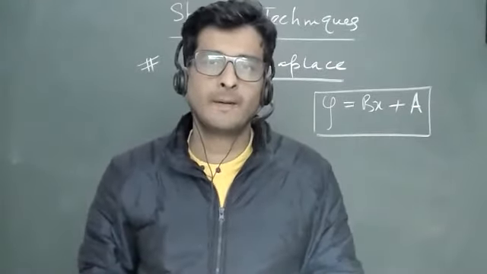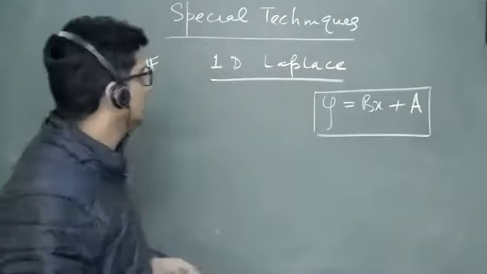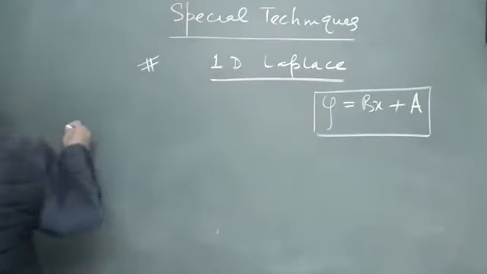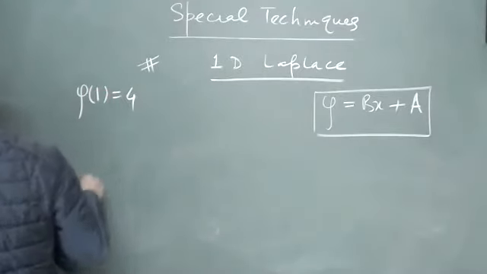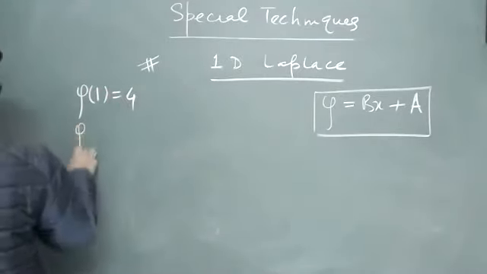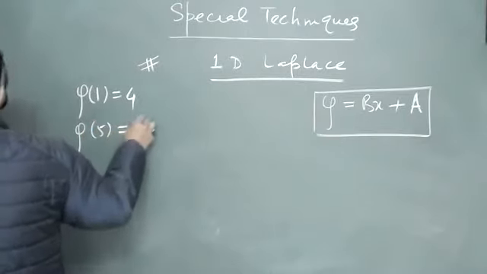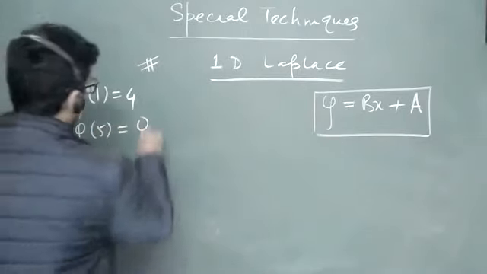So it should be given to us, and I am giving you that φ of 1 is equal to 4, and φ of 5 is equal to 0. This is the boundary condition that I want to give you.